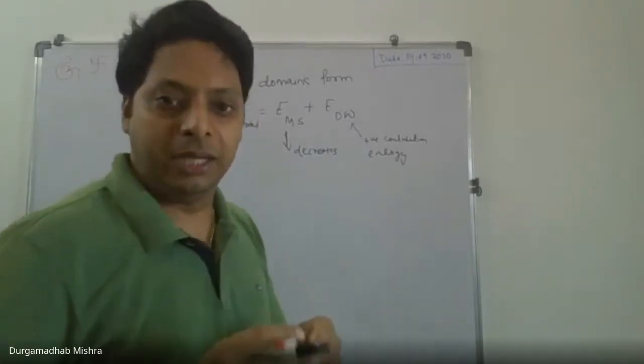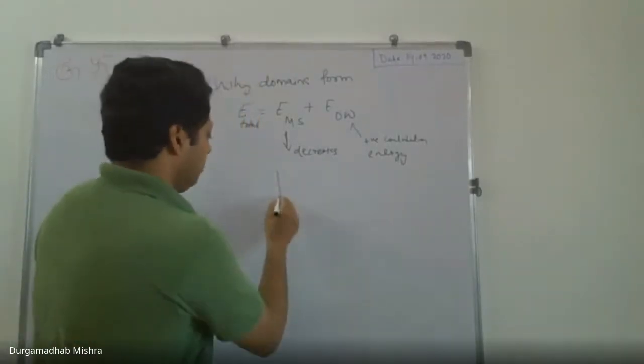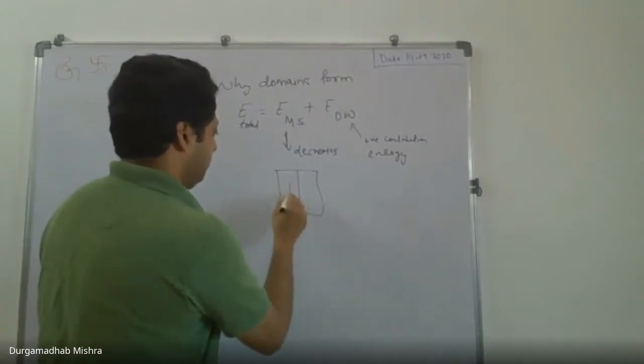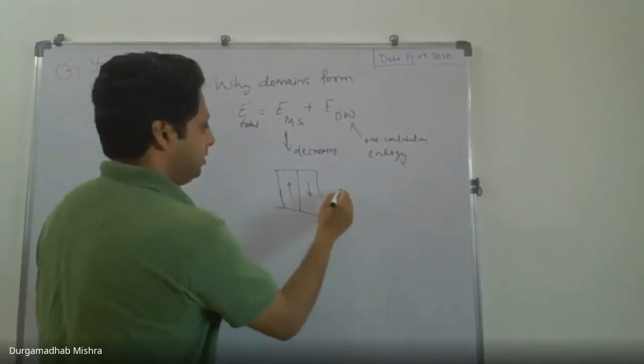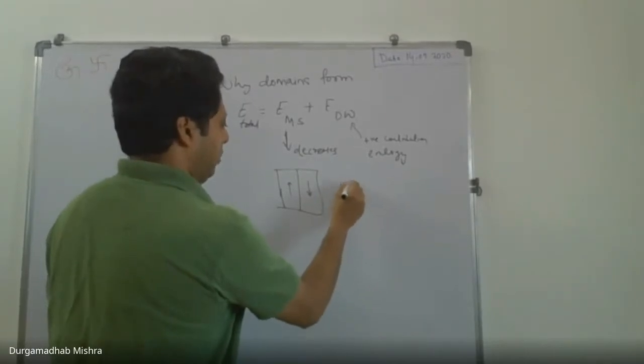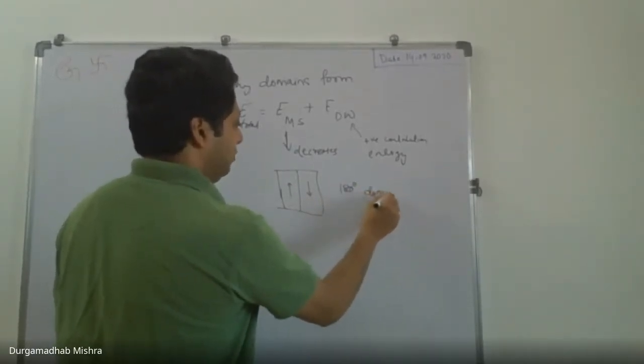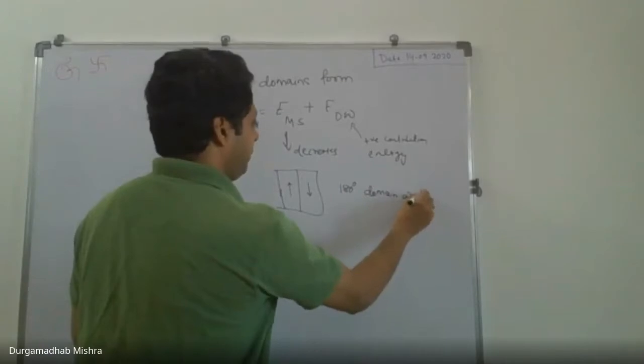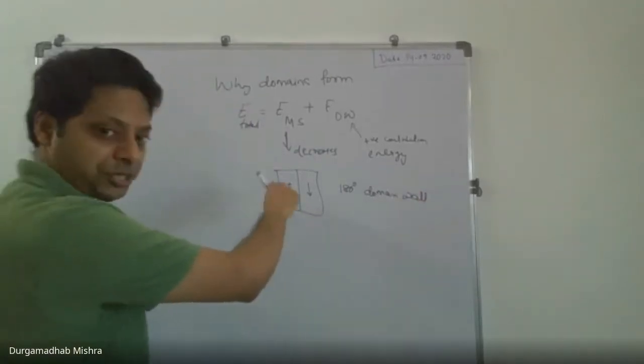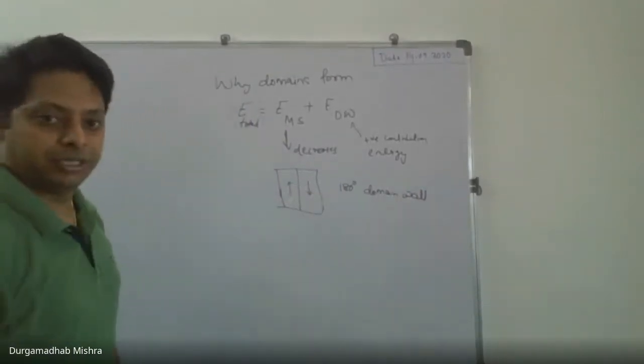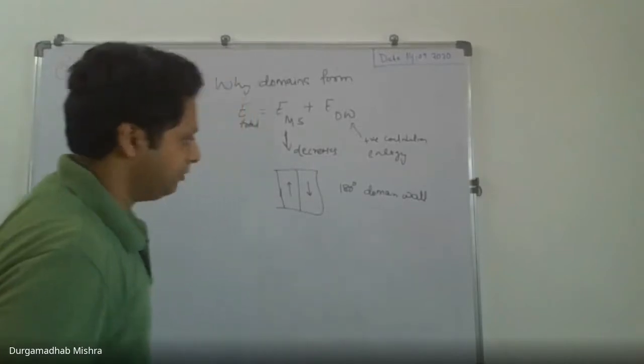There are many ways. For example, here this is a 180-degree domain wall, right? That means the magnetization is turning 180 degrees.